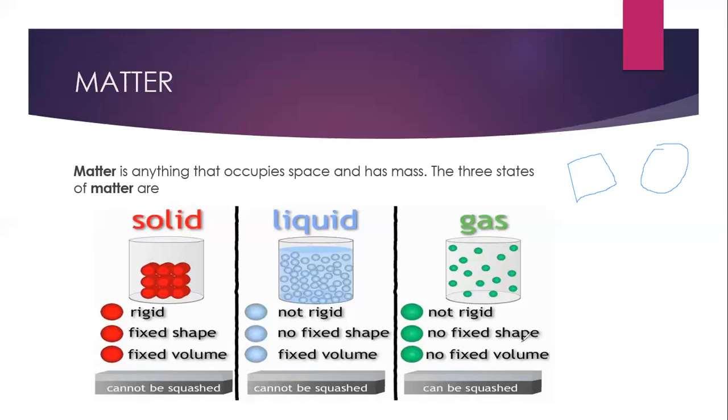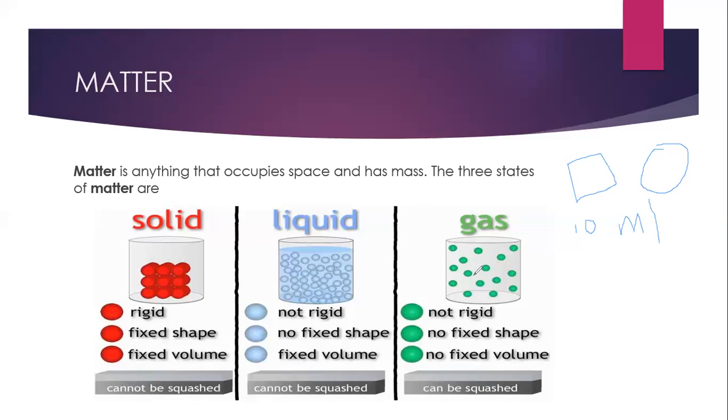And if we talk about the volume, suppose I take a container with a capacity of 10 ml. If I put 5 ml of gas into it, what happens? This 5 ml of gas will spread all over the container and occupy 10 ml. Okay, all these three terms we already studied in 11th, that is states of matter.